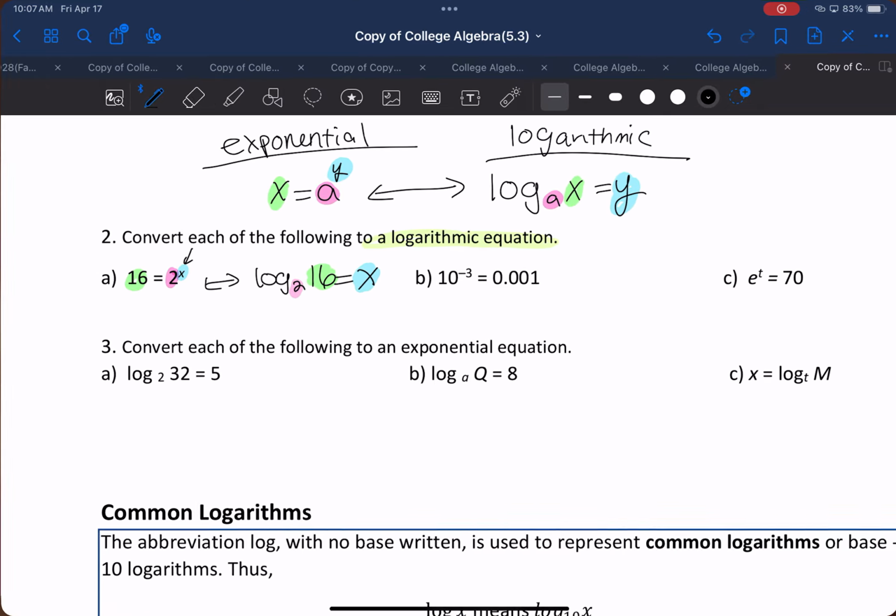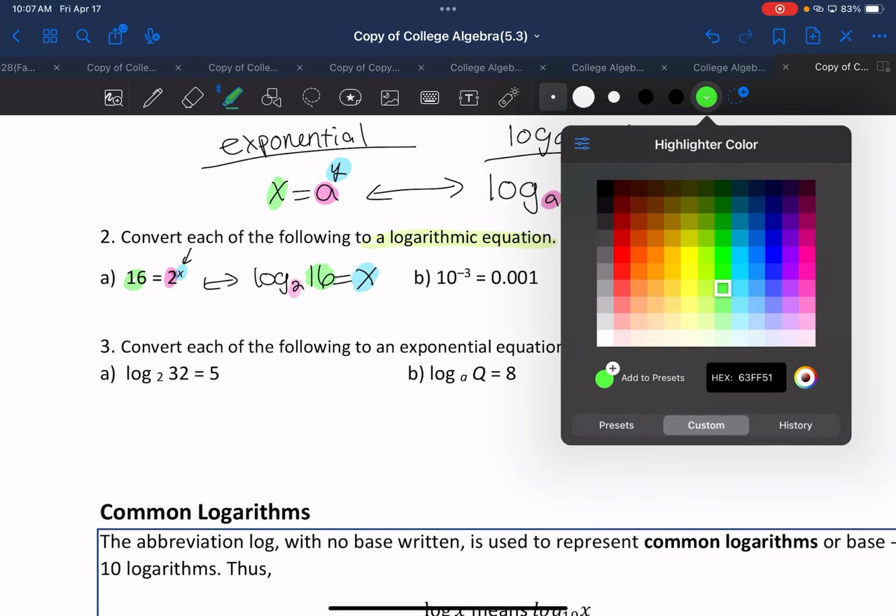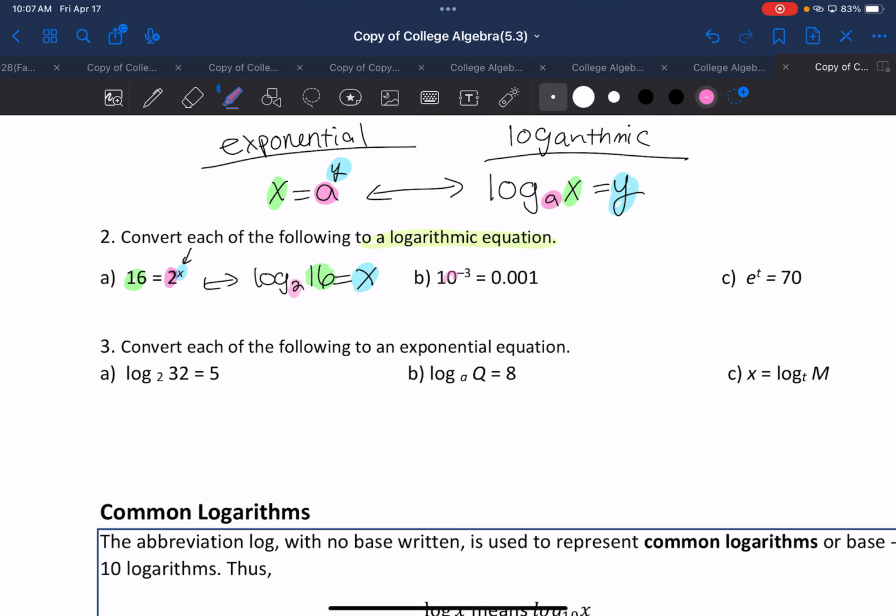Okay, so the next one, the base is equal to 10. So this will become log base 10. That needs to be the base of my log.